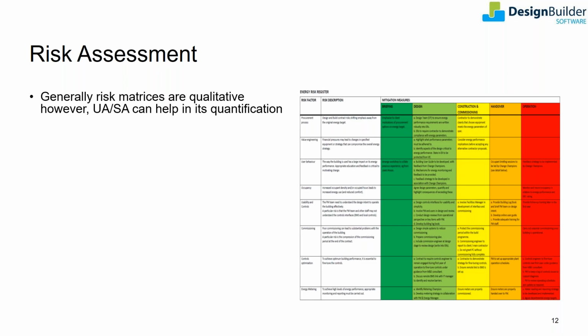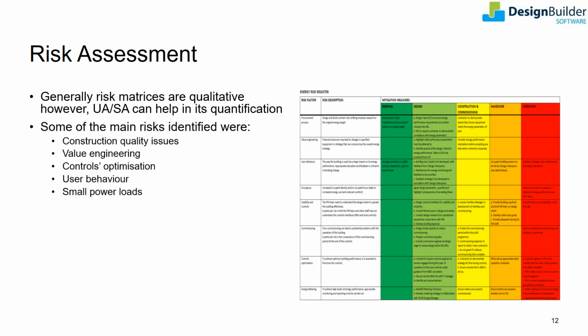They track the risk areas using a traffic light system to see which are the most important factors. Then those risks can be addressed at relevant stages of construction. Most of these risk matrices are qualitative based on experience and judgment. However, uncertainty and sensitivity analysis can help us to quantify that risk.